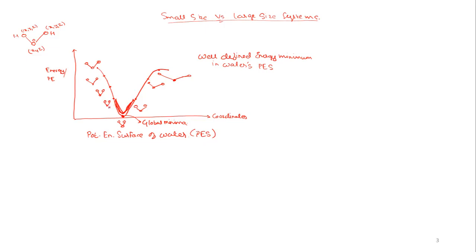So when we simulate such a small system, or when we simulate any system, we are generally interested in finding out some property of our system. For example, one might be interested in monitoring how energy changes all along the potential energy surface during the simulation.